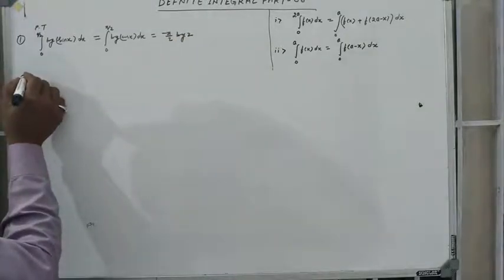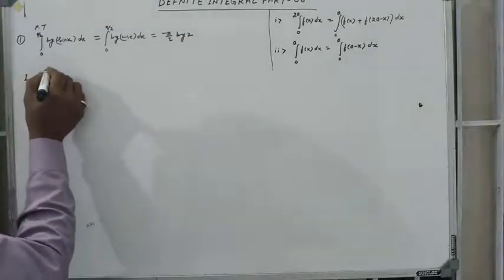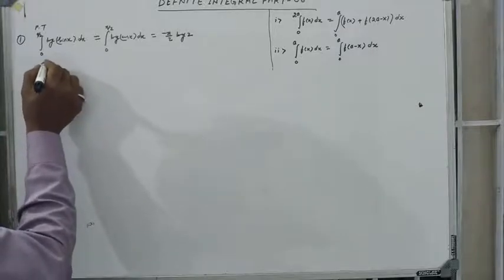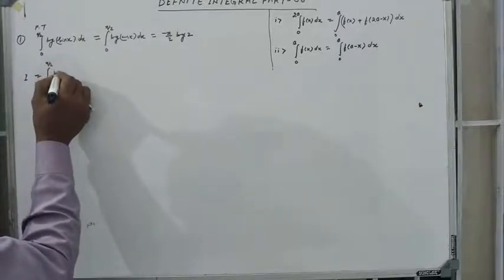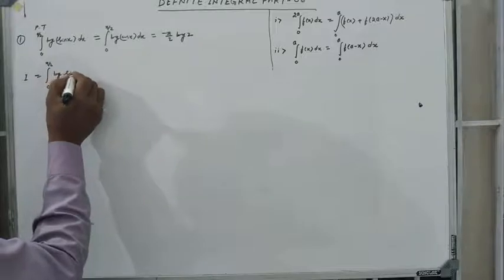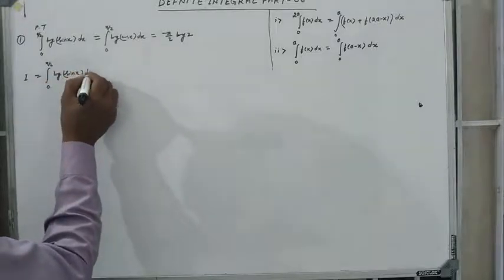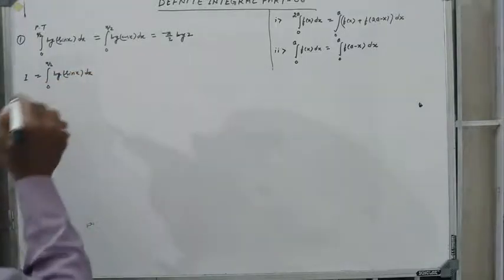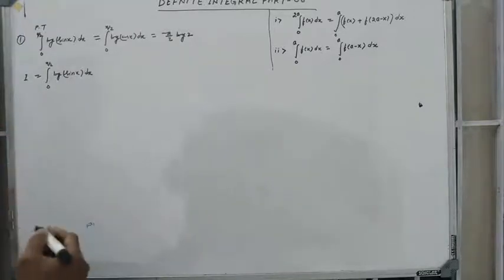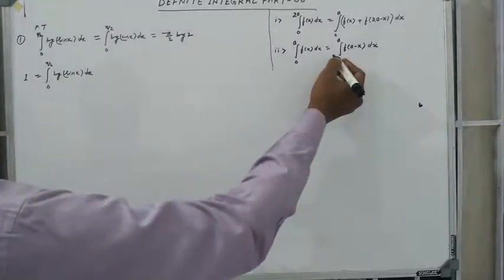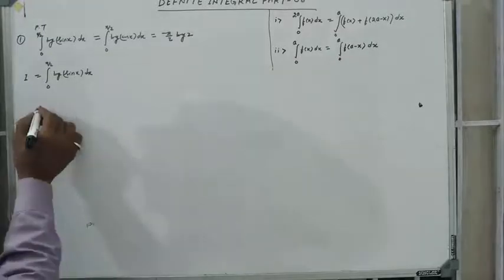So let I be equal to the integral from 0 to pi by 2 of log sin x dx. Now in this question we are going to apply the second formula.